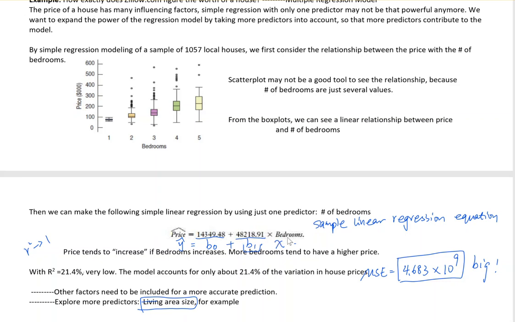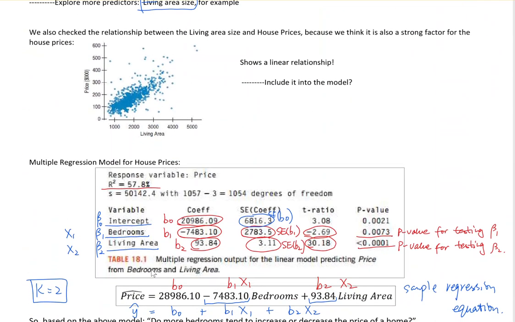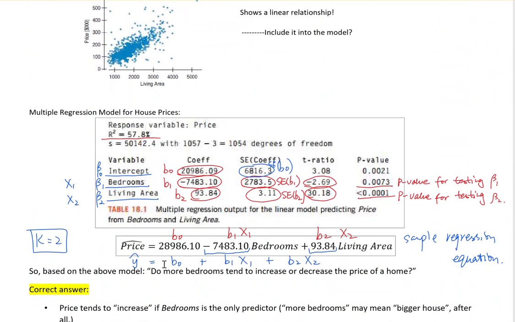So we say when the number of bedrooms increases, the price of the house will also increase. But now when we add the living area into my regression, the coefficients all changed, and the coefficient for the bedroom changed to negative. Still remember why it changed to negative?